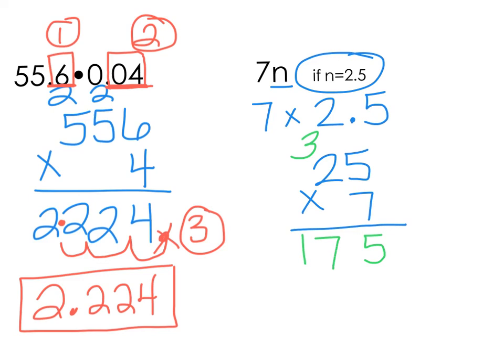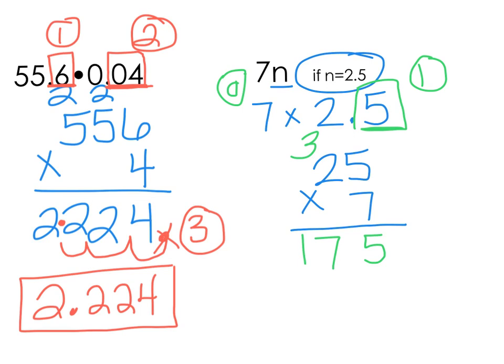Okay, now that I've multiplied like normal, pretending that there's no decimals, I'm now going to go back and count how many numbers are behind the decimal. In 7, there is no decimal places, so this would be 0. Over here, we only have 1 number behind the decimal, so we would say 1.